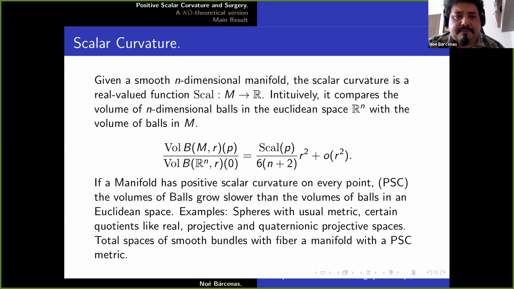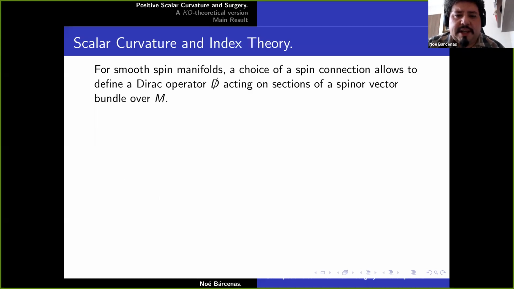And the most interesting question about positive scalar curvature is that there are topological obstructions for a manifold to admit such a metric. And this is a big story.